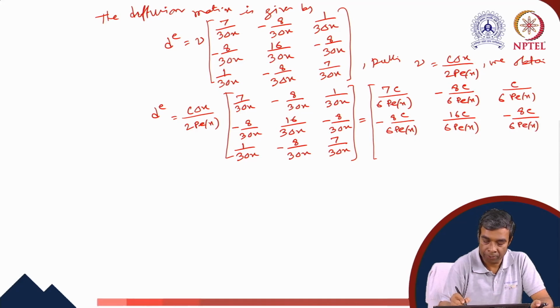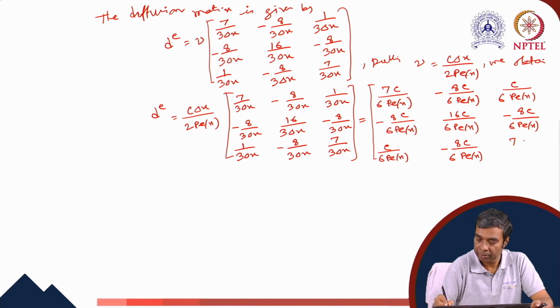In the third row, we have C by 6 PEX, next minus 8C by 6 PEX, and finally 7C by 6 PEX.